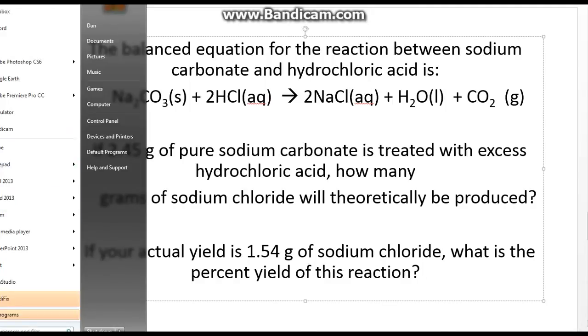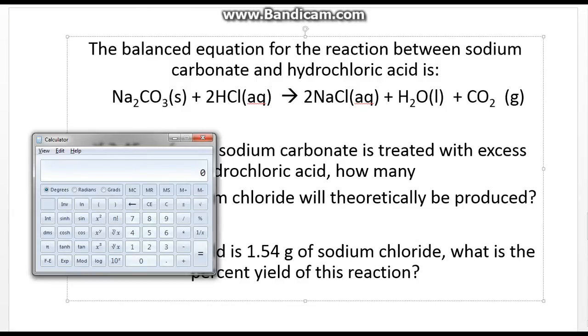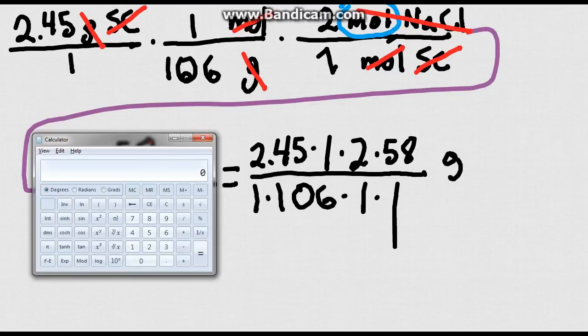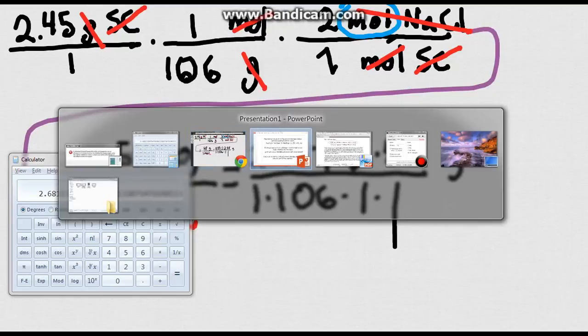So I will get my calculator out and type in, if we go back to here, 2.45 times 1 times 2 times 58, all divided by 106, and we get 2.68 for our answer.